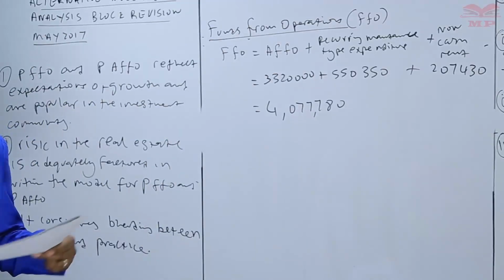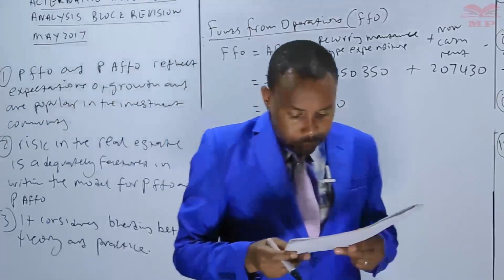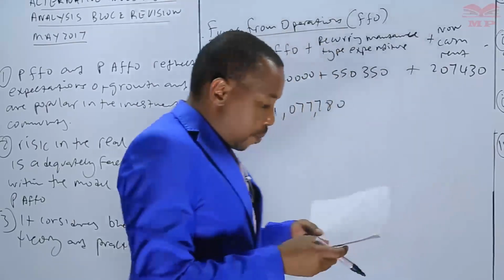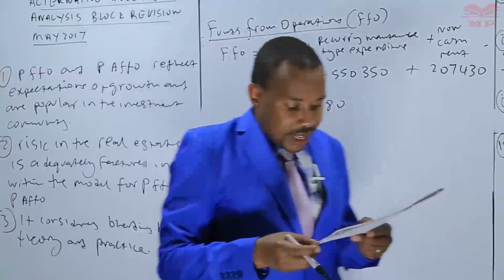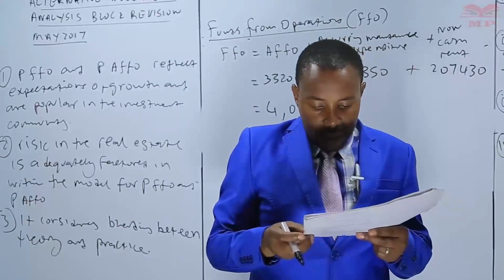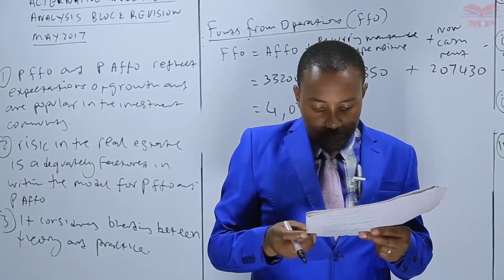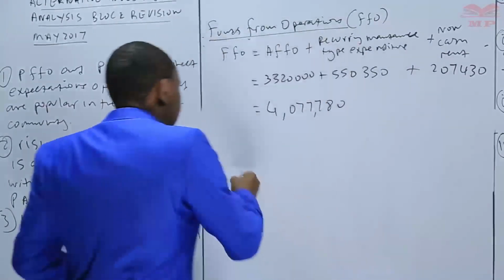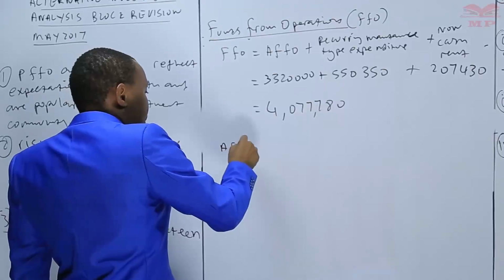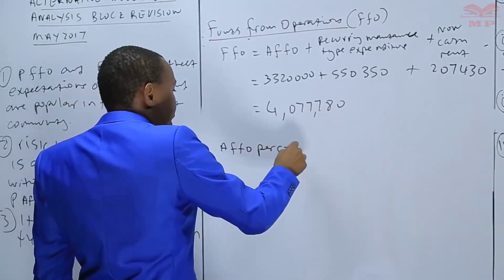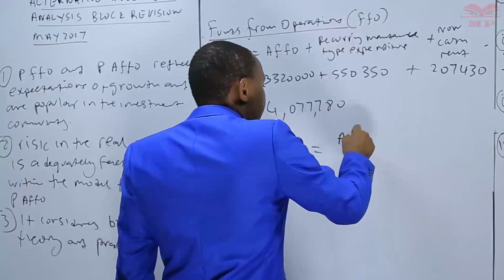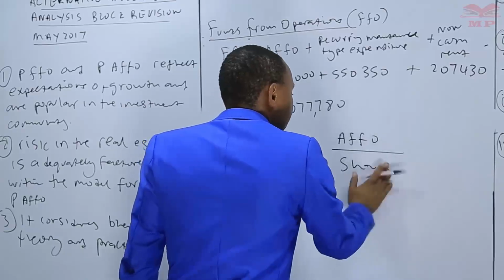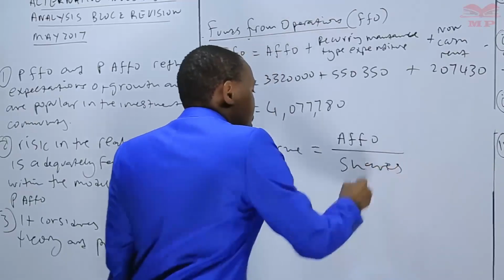However, we are being asked to get the funds from operations per share. We've been given the adjusted funds from operations of 3,320,000 and the adjusted funds from operations per share. Adjusted funds from operations per share equals AFFO divided by shares outstanding.